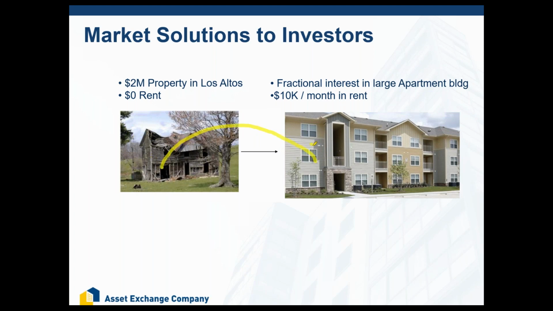Get them into something that's easier to manage, that's closer to home, where they don't have to spend their weekends dealing with toilets and termites and tenants and trash. We call those the terrible T's. You've got your tenants and termites and trash. Get out of the terrible T's and get into something that is easier to manage.